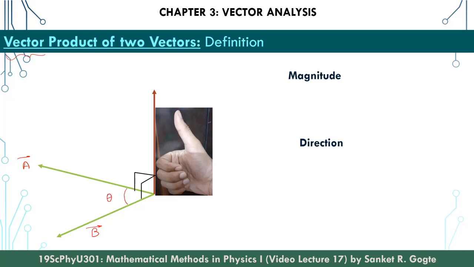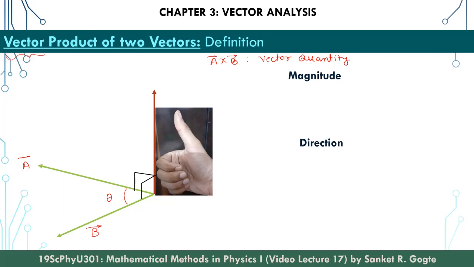The cross product of these two vectors, A cross B, is denoted like this, and by definition this quantity is a vector. In fact, that is the reason why it is also called the vector product of two vectors, in comparison with the scalar product or dot product, which gives us a scalar quantity as output.